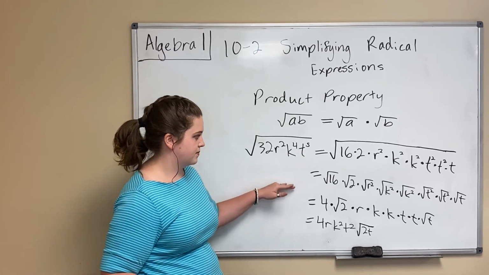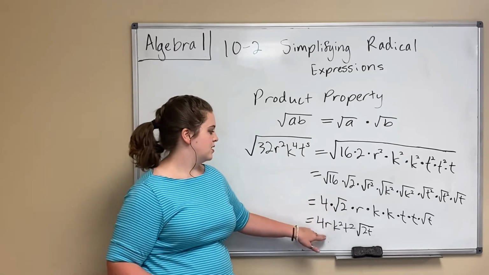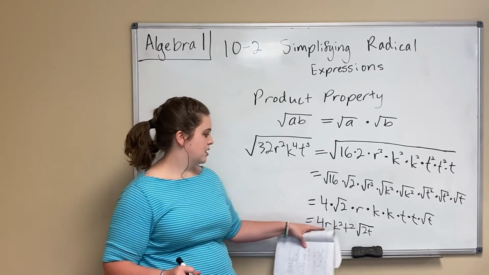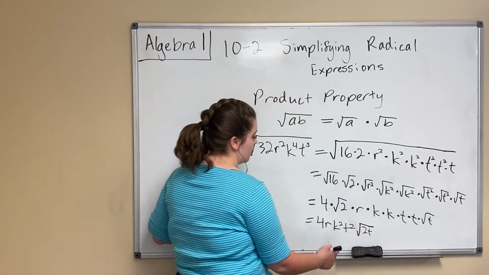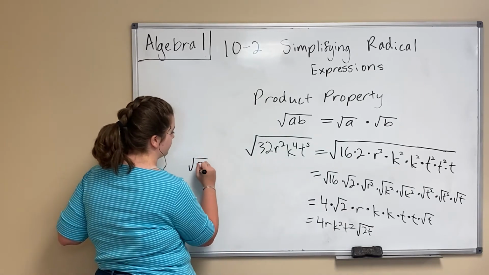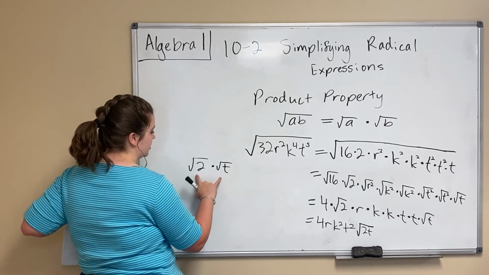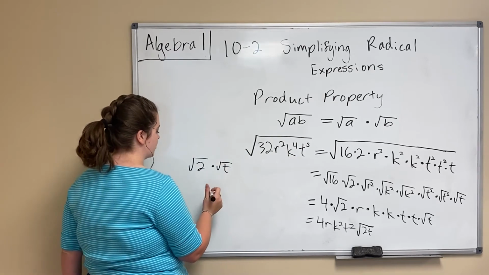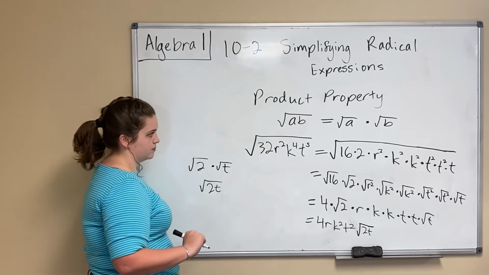There's a lot of steps. We just do one step at a time, simplifying one piece at a time, and you can get there. One other thing I think is probably good to mention: what I did here at the end when I was grouping them, I didn't write it on here, but when I put them all together and I had the square root of 2 times the square root of t at the end, I just did the same process with the product property backwards to combine them into the same radical.